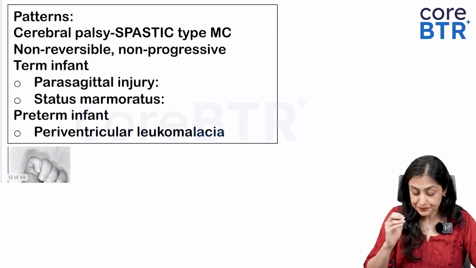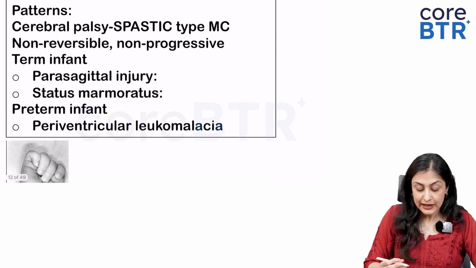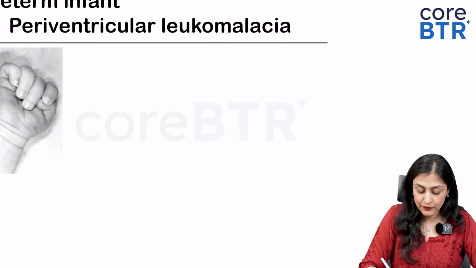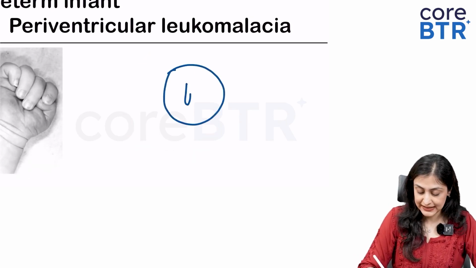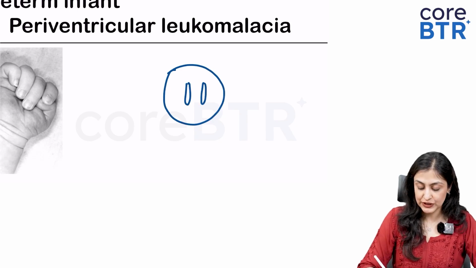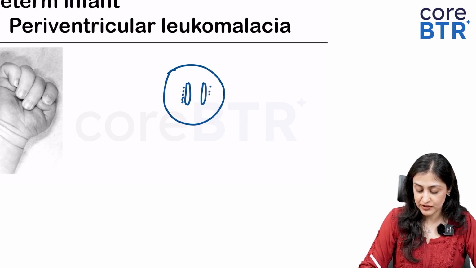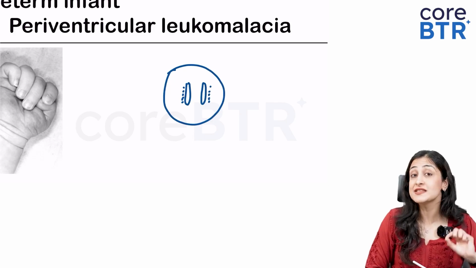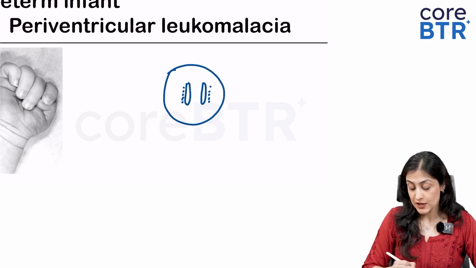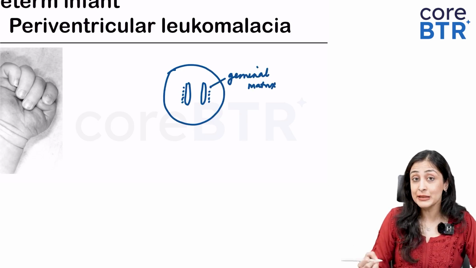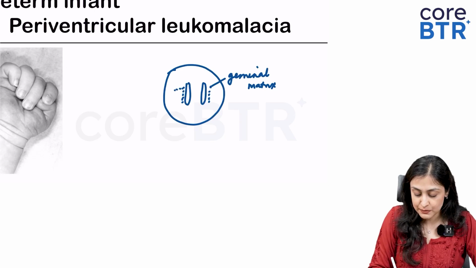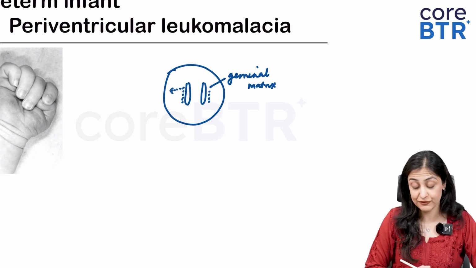So that's important. So what is the pattern? Very, very important. So how your blood vessels develop. Imagine this is the brain. These are the lateral ventricles. Okay, so near the lateral ventricles, you have the germinal matrix. This is the source of all the blood vessels. So this germinal matrix is what is there in a preterm baby, and as the baby grows into a term baby, these blood vessels go towards the periphery, right?